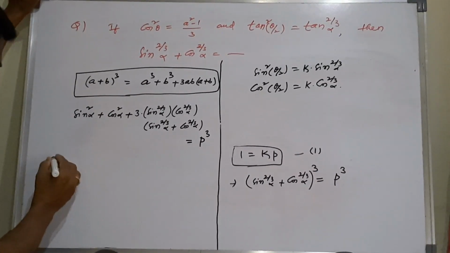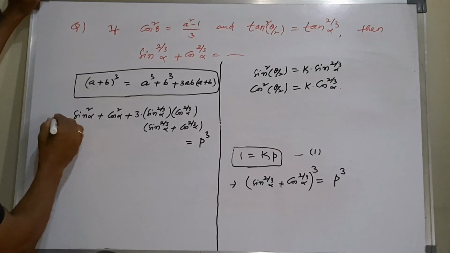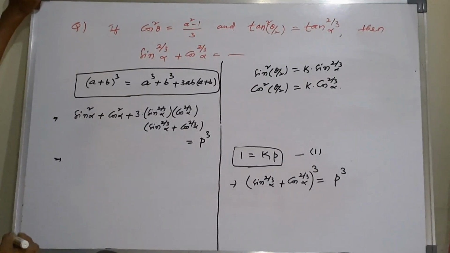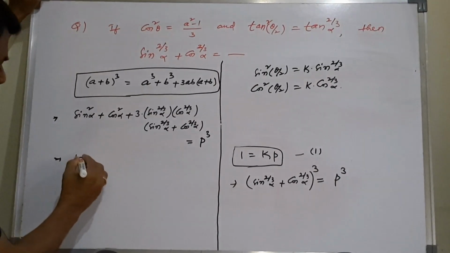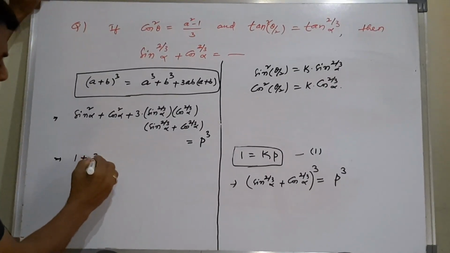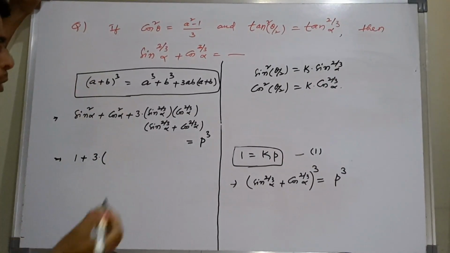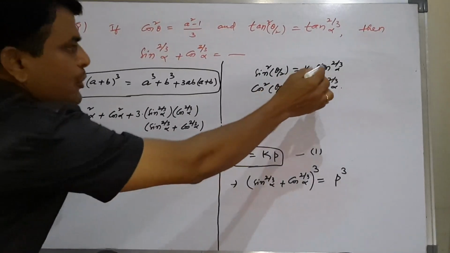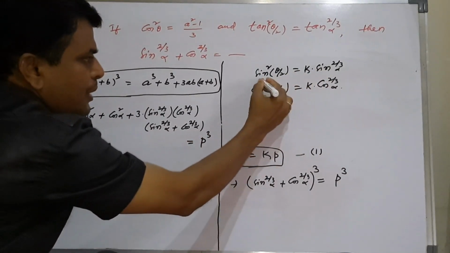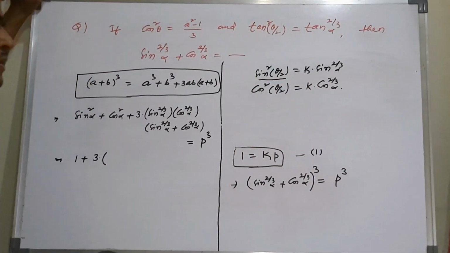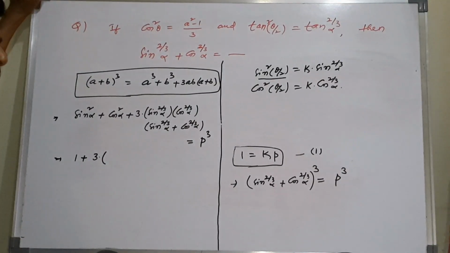Now coming to this, here you are observing an identity. Sin square alpha plus cos square alpha is 1. 1 plus 3 into, now we can replace sin power 2 by 3 alpha with sin square theta by 2 divided by k.